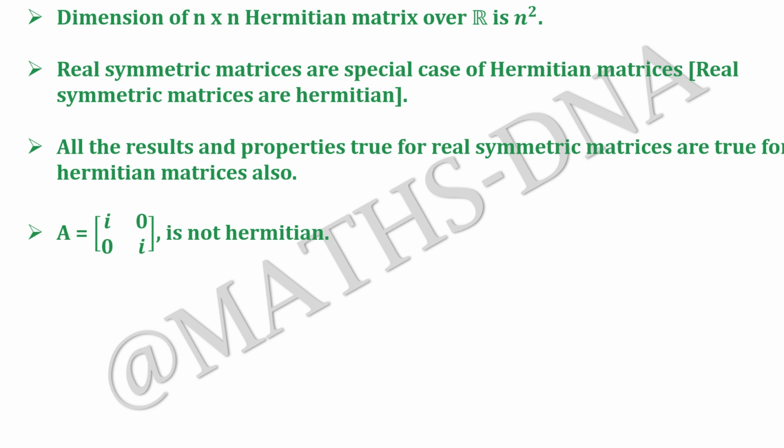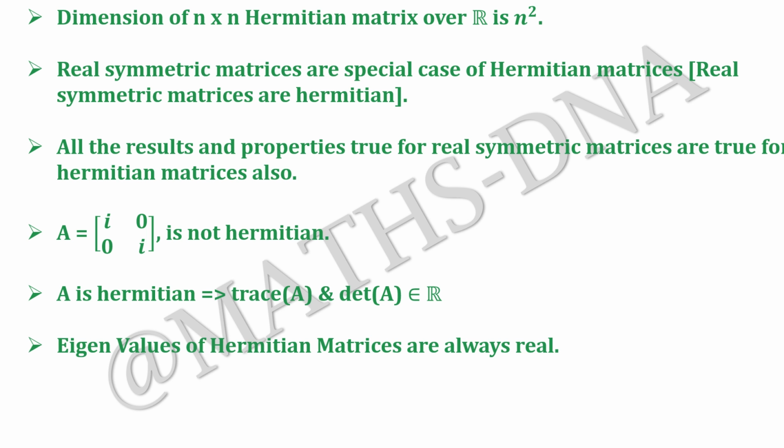Moving on, A equals a 2 cross 2 matrix with diagonal entries i, and above the diagonal entries 0 and below also 0. It is not a Hermitian matrix. Now if A is Hermitian, it implies that trace of A and determinant of A belong to R, the set of real numbers. And the eigenvalues of Hermitian matrices are always real.